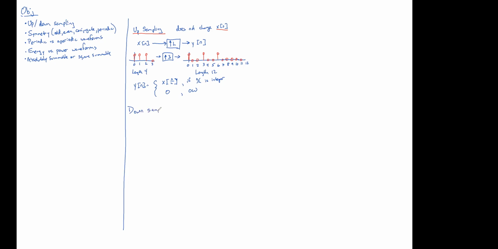Its twin is downsampling, with a downward arrow. I'm using a different letter just to make it clear, but it's a different operation. There's nothing special about M other than it is an integer. And let's say we've got a signal that looks like this: 0, 1, 2.